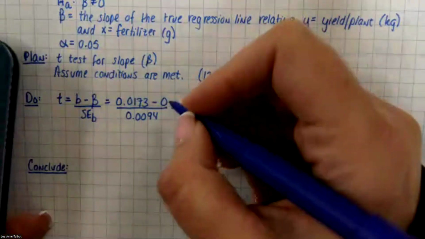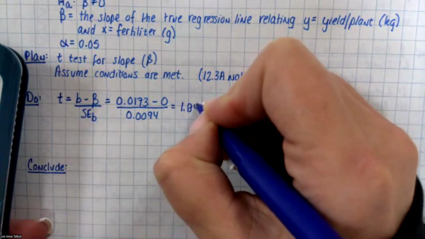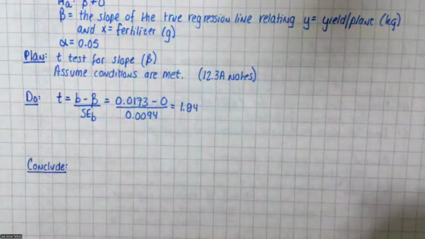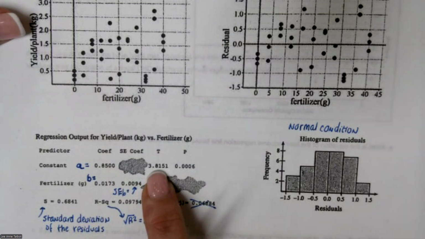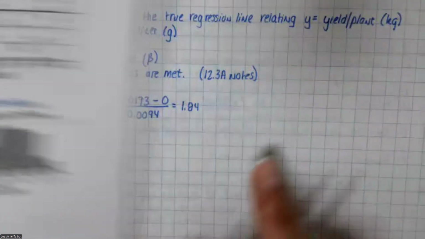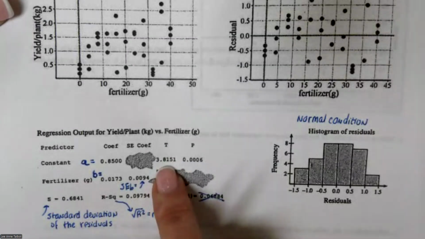I got 1.84, which is not that exciting except for that it doesn't match this, which is why I said that that's not satisfying. I feel like that should match. And I feel like my answer is much more reasonable than their answer.